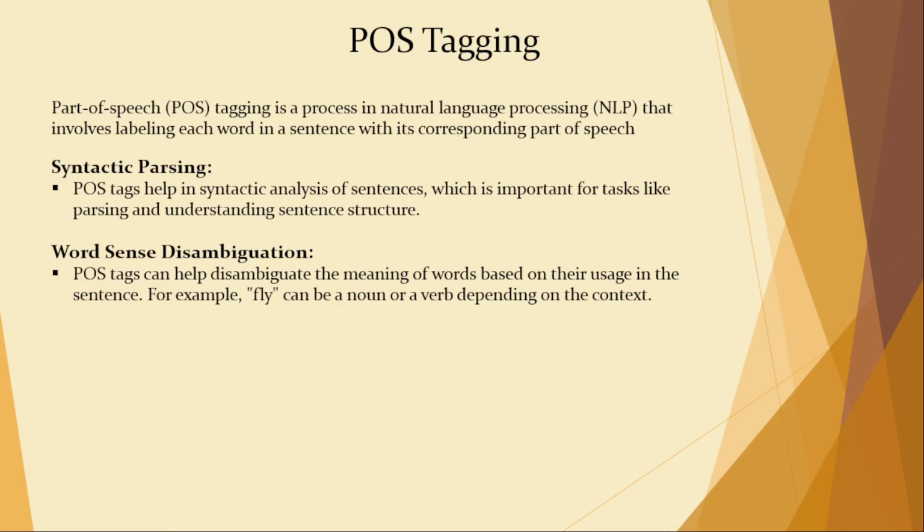And some words are something like bank, bat, crane, plant, books, etc. These words can be used as nouns as well as verbs. So it is always helpful if we tag the parts of speech for that particular word in that particular sentence. That will be more meaningful for the text corpus.